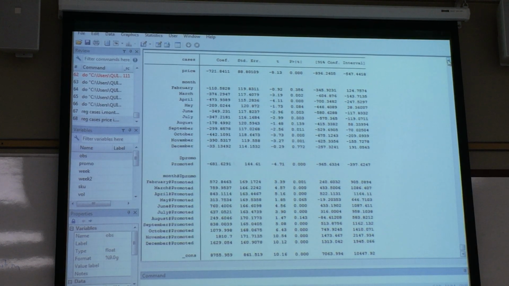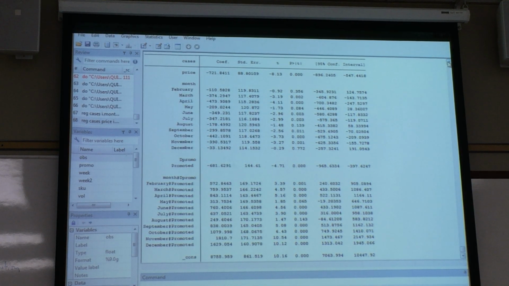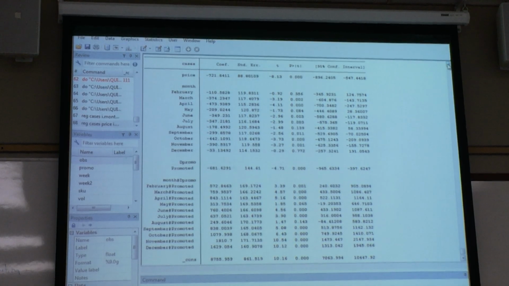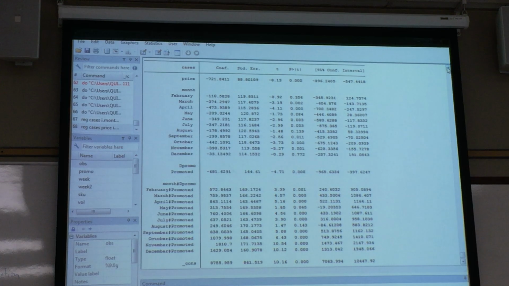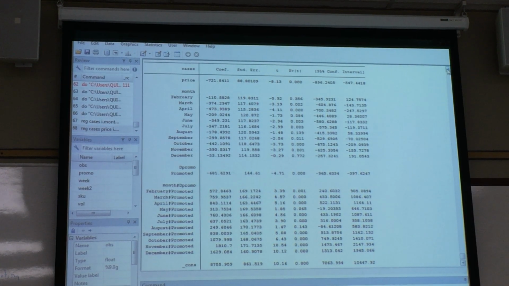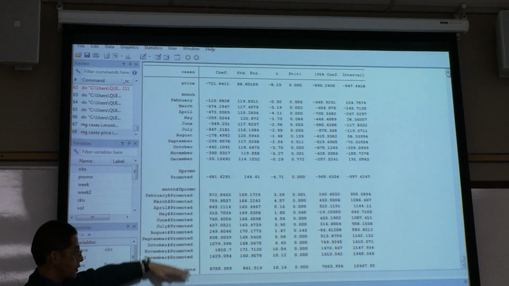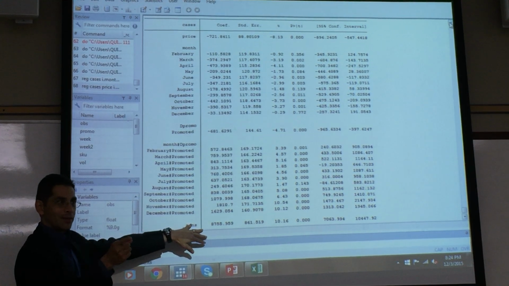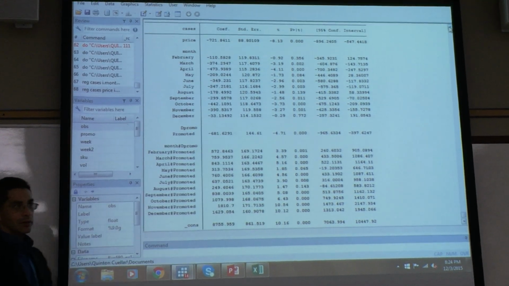So what does the constant, 8,755, mean? We know it has something to do with January, which is the omitted category. But remember, the constant is setting everything equal to 0. We set all the months equal to 0, so it's January. Then we set all the interactions equal to 0, but those are months also, so this is still January. So we're setting one more thing equal to 0: price. So this is how much we would sell if price were zero.